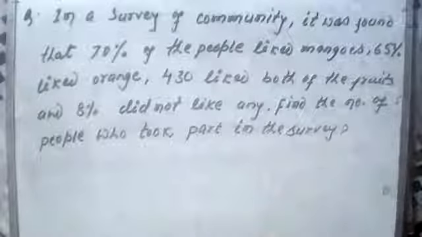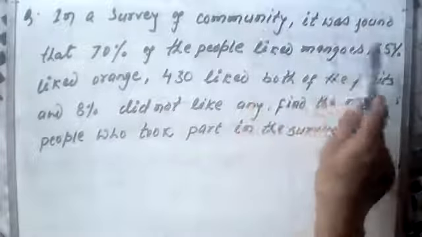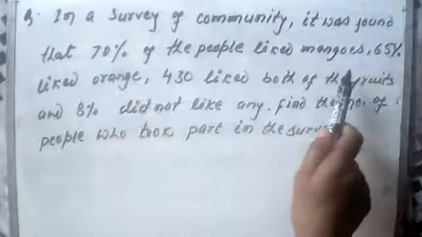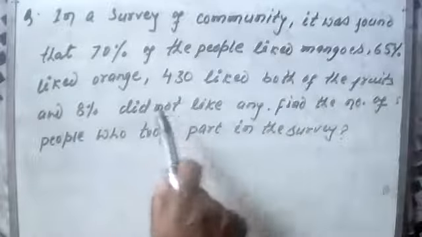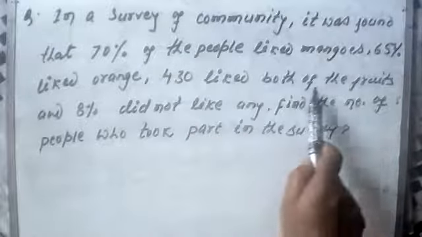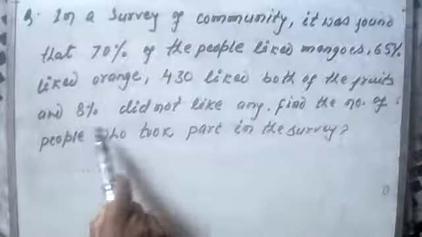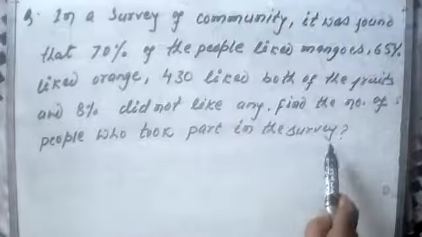You just keep this question in mind. I'm going to rub this. In a survey of a community, it was found that 70% of the people like mangoes, 65% like oranges, and this is not in percent, 430 like both of the fruits, and 8% did not like any. Find the number of people who took part in the survey.